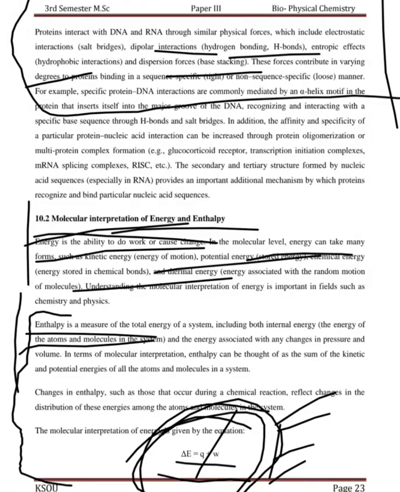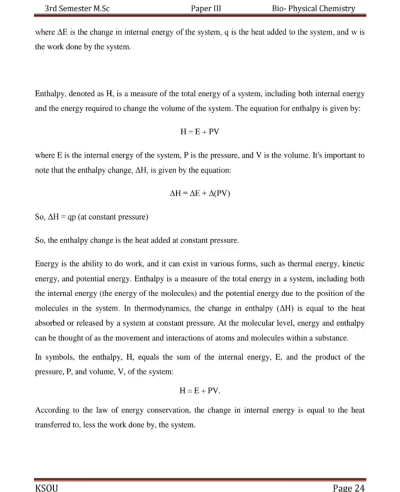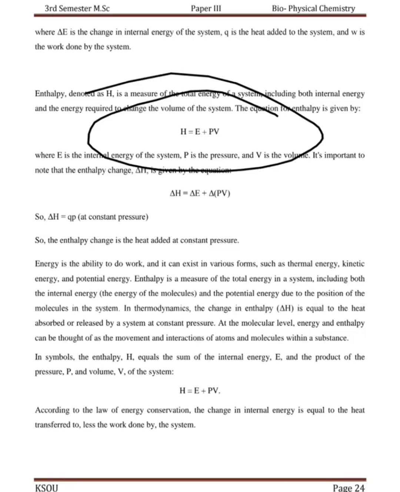So how are we going to calculate the enthalpy? Enthalpy can be denoted by H is equal to E plus PV. P is the pressure, V is the volume, E is the internal energy, and H is the enthalpy.